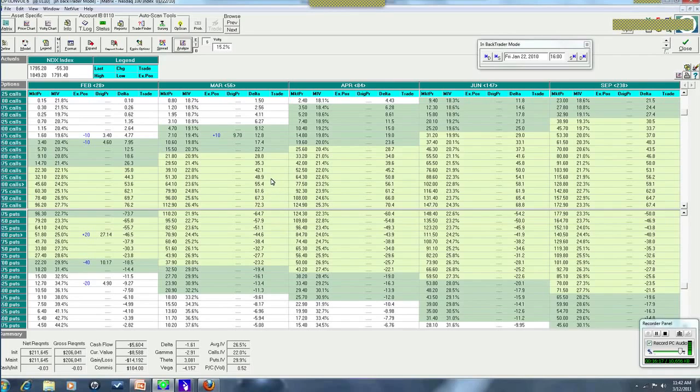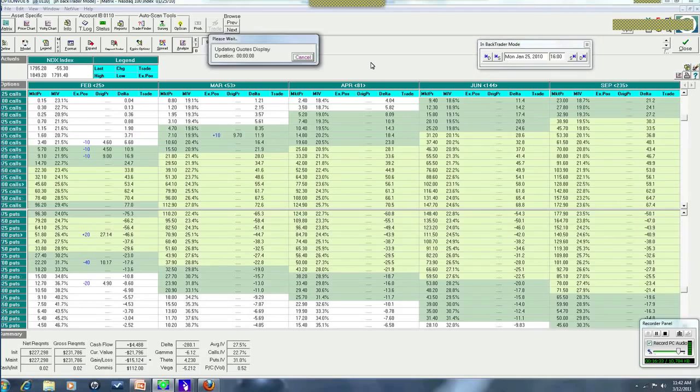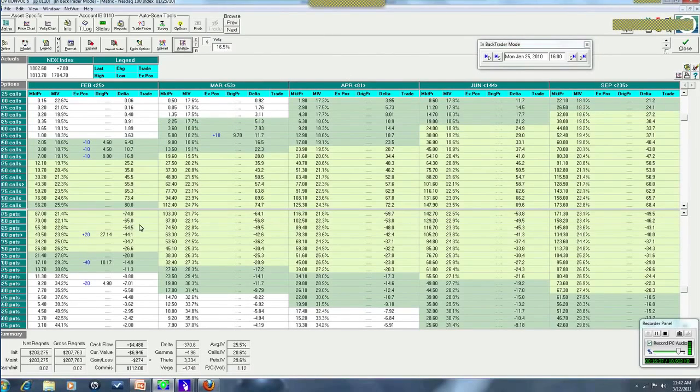But I'll also show you, lest anyone think that I just went and back traded and made this position up, I actually did some snapshots of my account statements from this time period, so you can see that I actually had all these options in place. Okay, so let's go to the next day.